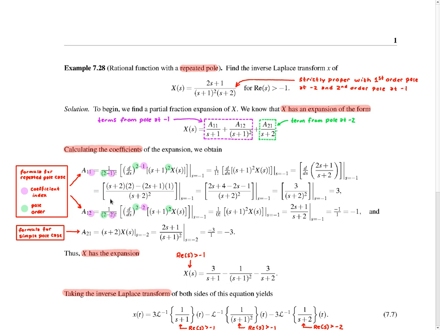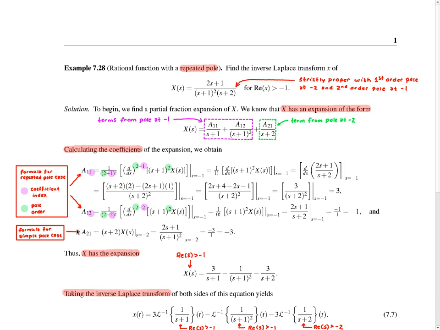I've color-coded things to show where we're substituting different quantities into these formulas. This purplish color shows where we're substituting the coefficient index into this formula here, and the green color shows where we're substituting the order of the pole into this formula here, and similarly for this formula down below.